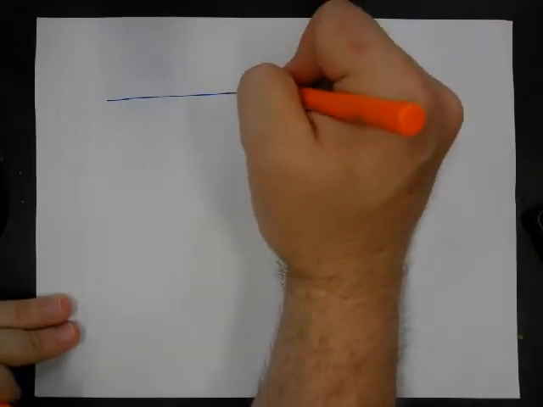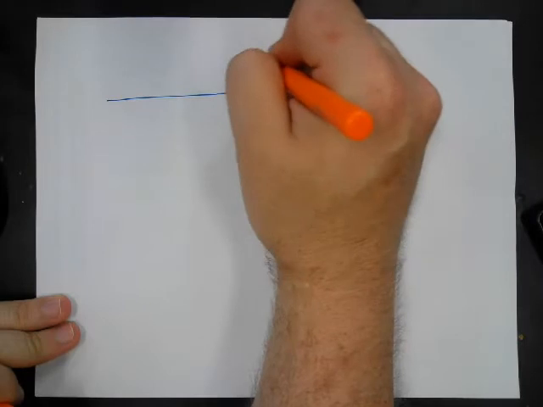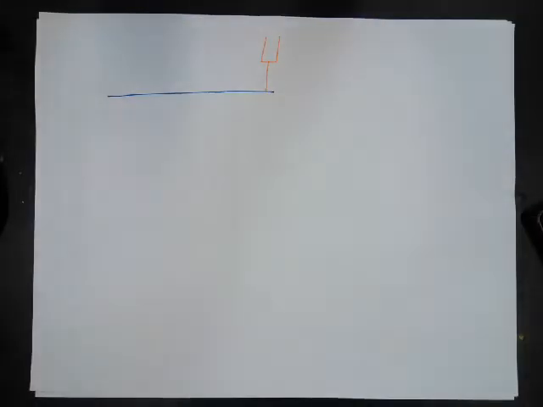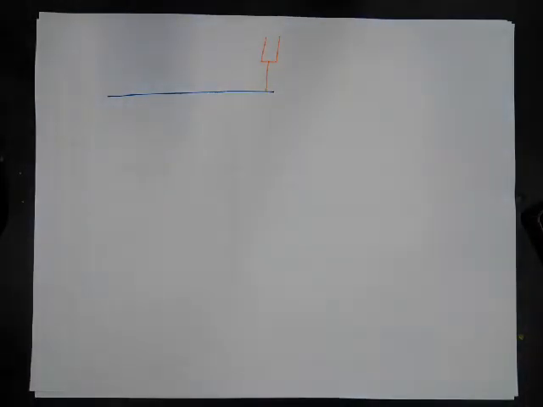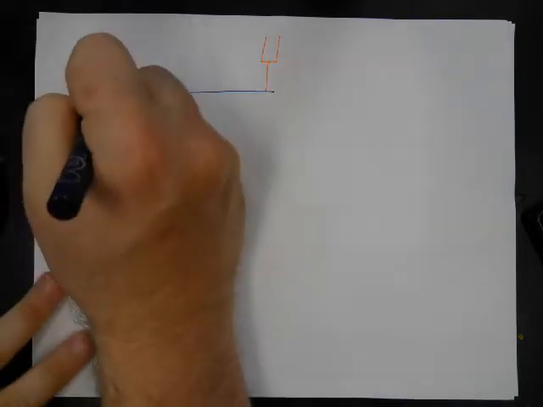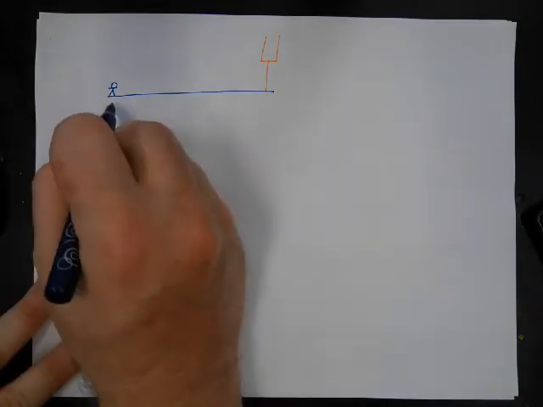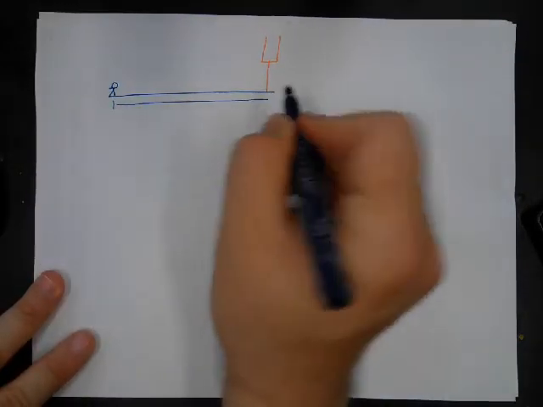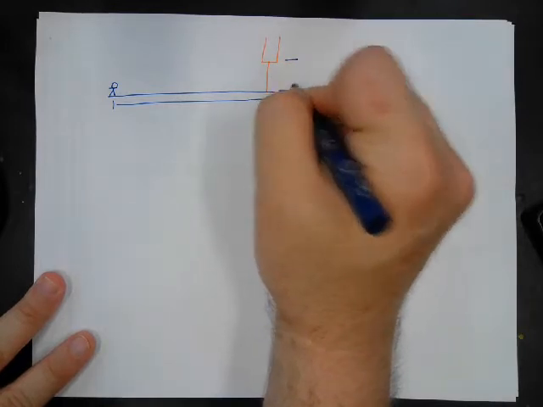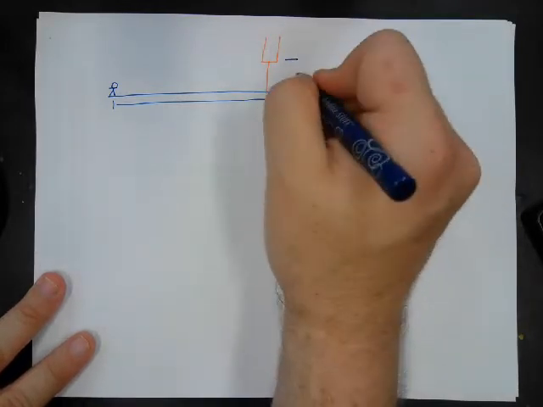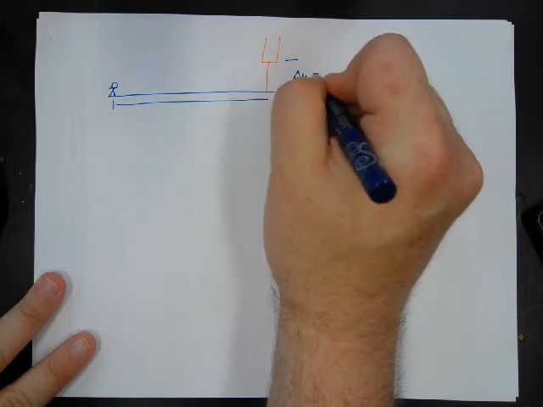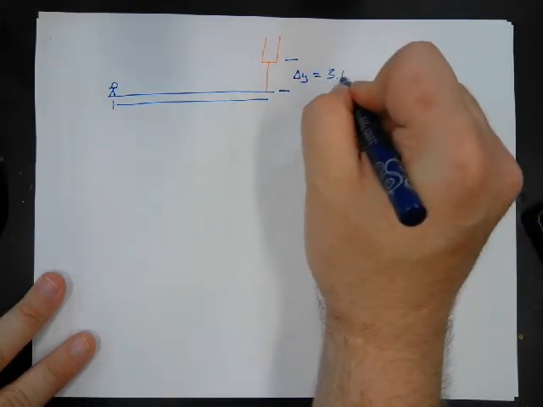I don't know who plays football. I know that if there's one thing that's notoriously hard, it's kicking field goals in high school. So there's our goalpost in a helpful orange yellowish color, and we're going to have a person on the ground kicking. There's our person. And there are some requirements here. First off, to be successful, delta y is going to be 3.1 meters.